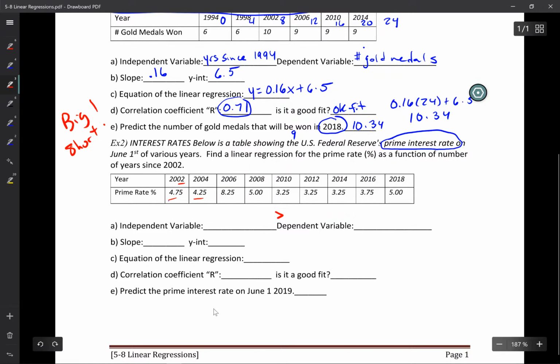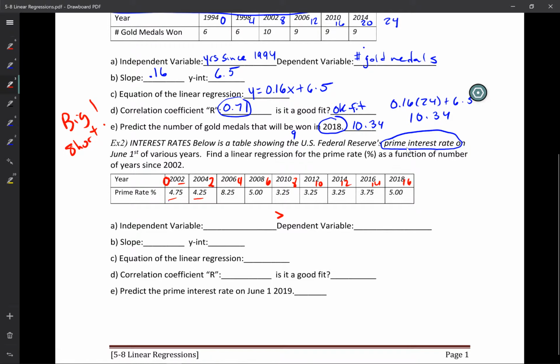So it says, find a linear regression. We're reading this here: find the linear regression for the prime interest rate as a function of number of years since 2002. Okay, so 2002 is year 0. 2004 is year 2, 4, 6, 8, 10, 12, 14, 16.